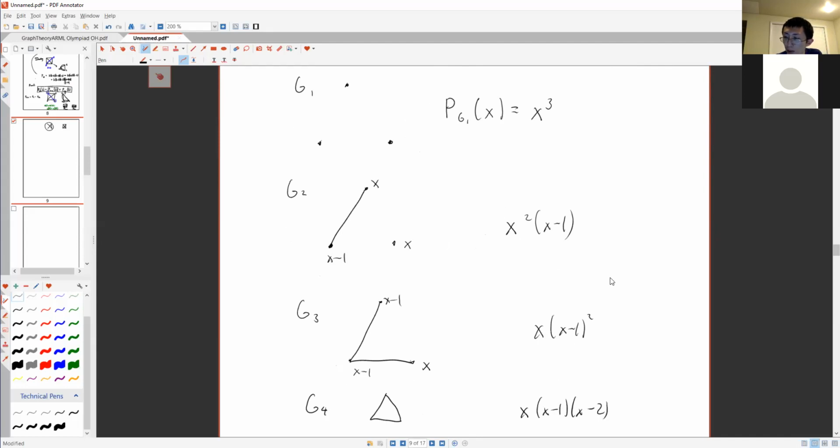So let's look at these 4 examples, right? Are there any observations you can make? I'll expand it out.